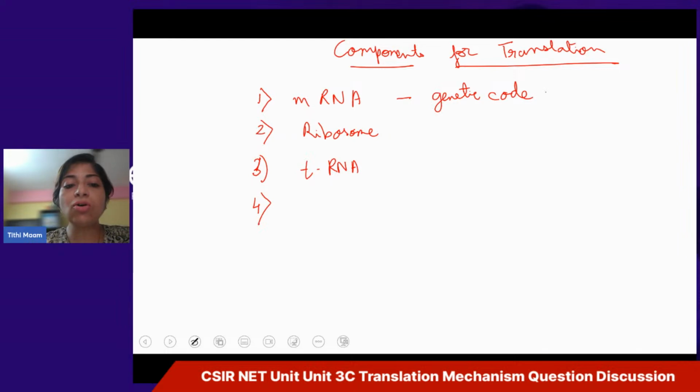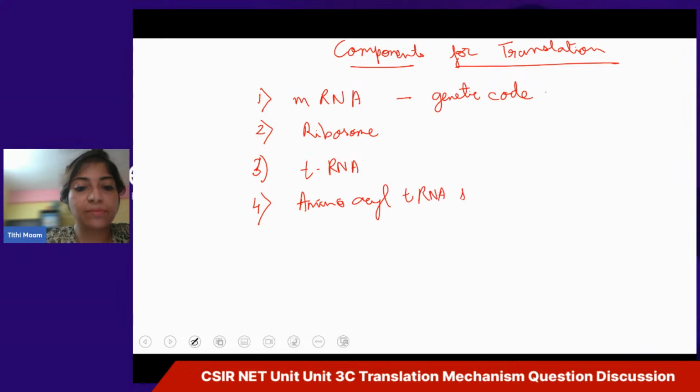The process by which tRNA is joined with an amino acid is called charging, and for that we require an enzyme called aminoacyl tRNA synthetase. Once we have all these components, translation can start.